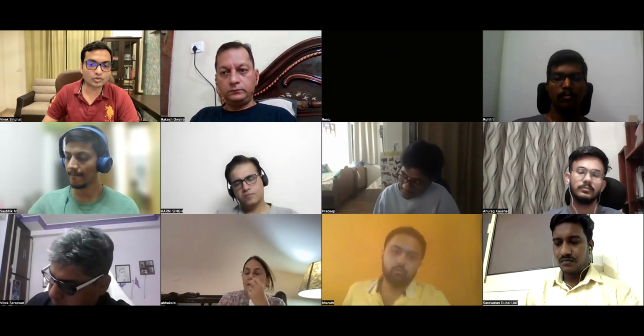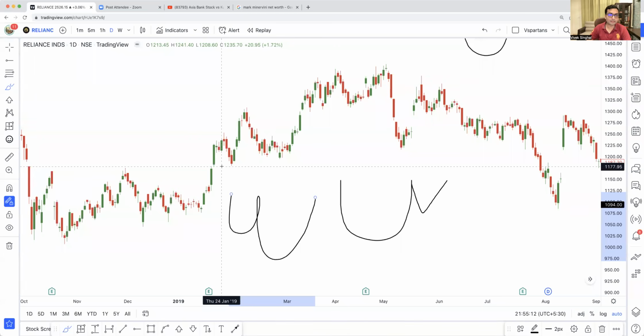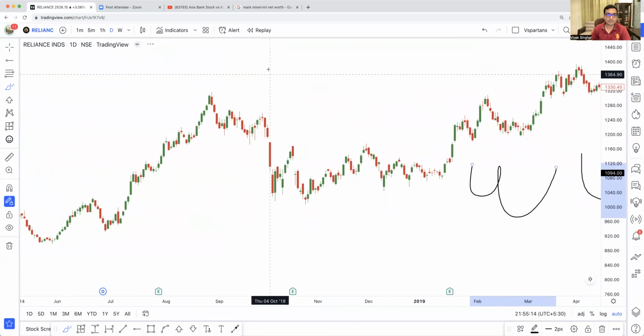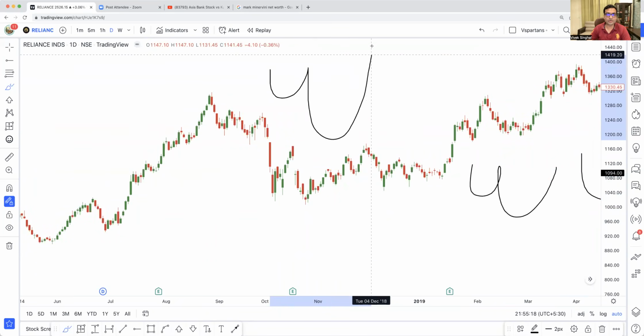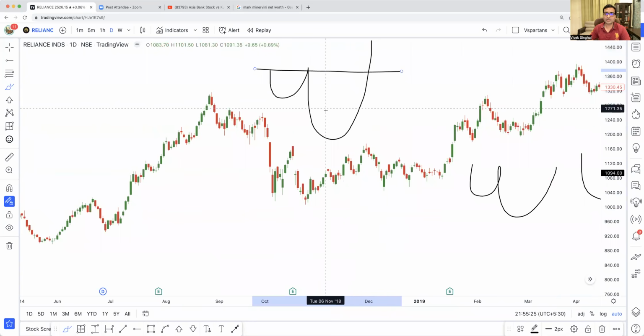So sometimes there could be shape like this, means this one and this one. So this is the connecting line. However, neither this is reverse head and shoulder pattern, nor this is cup with handle pattern.